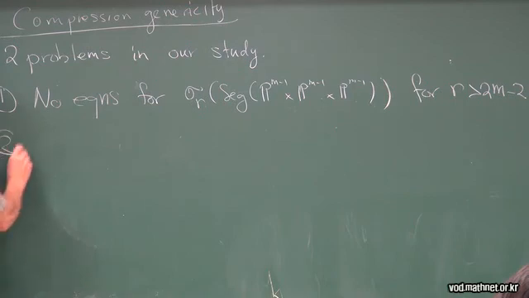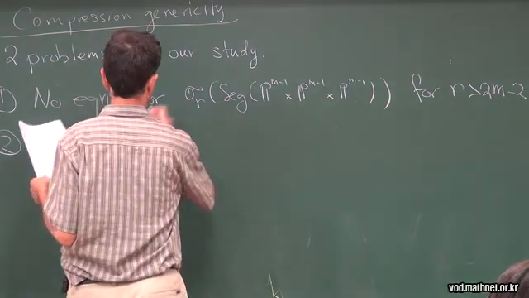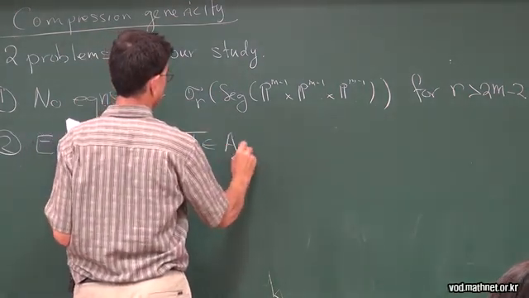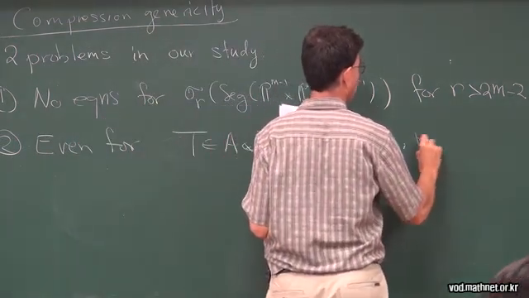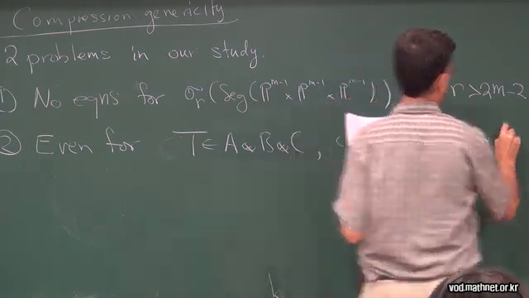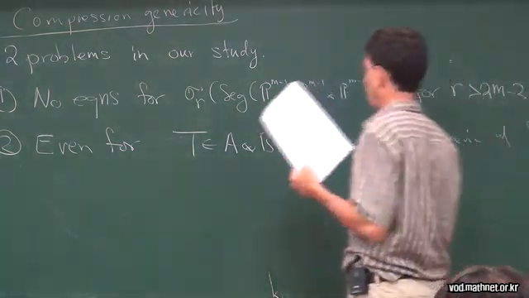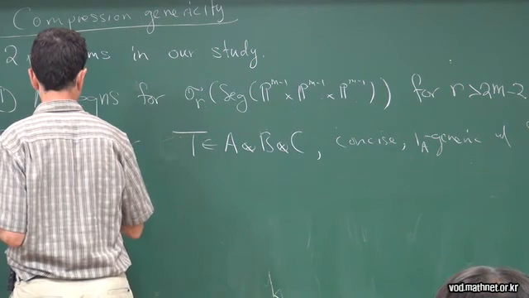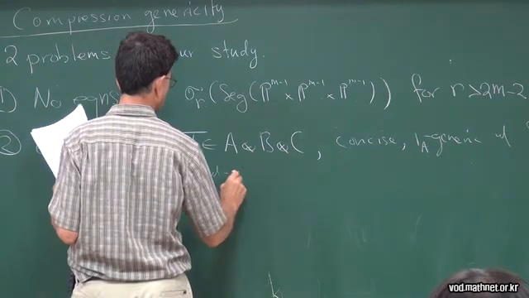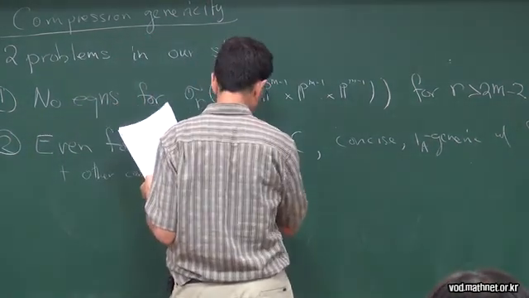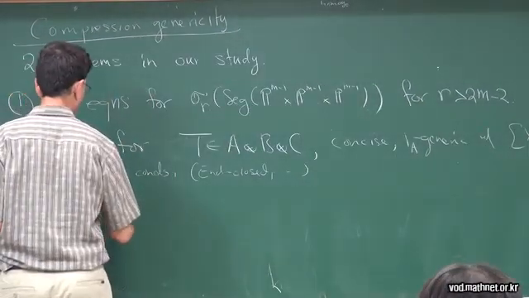And the other problem is, even for tensors that are concise and generic, with Strassen's commutator identically 0 and other conditions, you know, this n closed, and I forget, well, can still have large border rank.